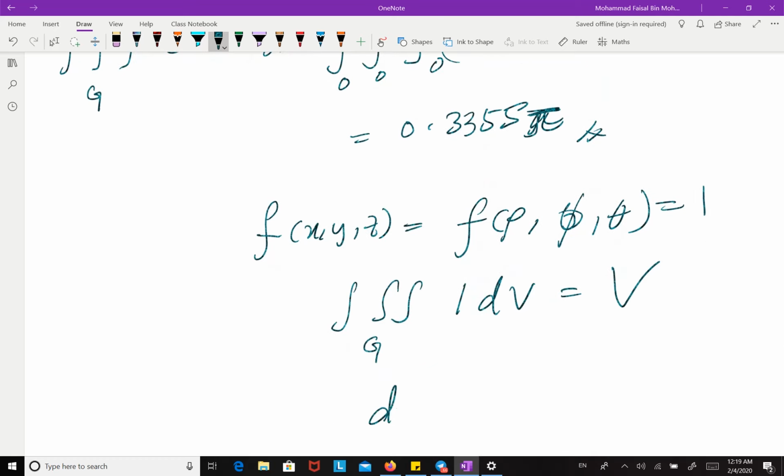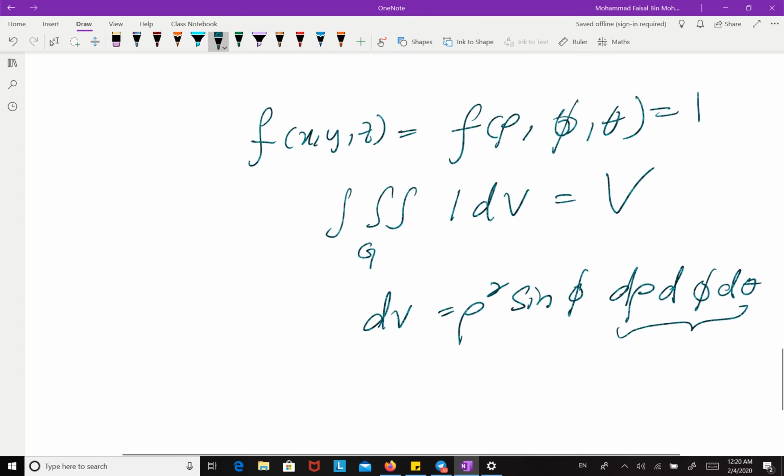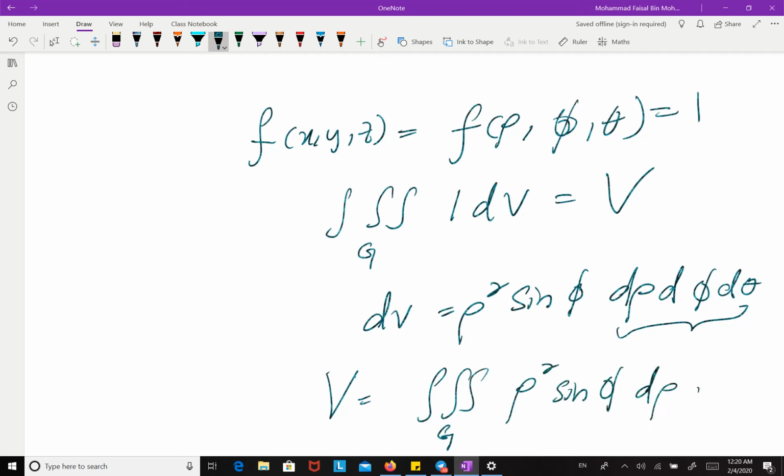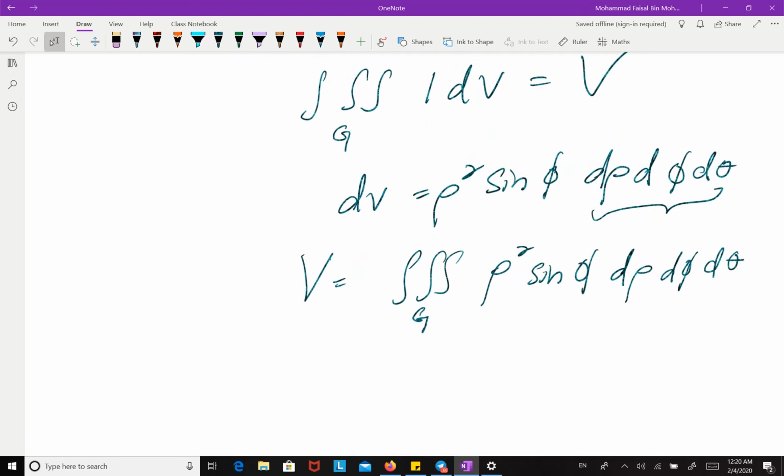So your dV is rho squared sine phi d rho d phi d theta, so don't change the order. Then your full volume will be the integration under G of rho squared sine phi d rho d phi d theta.